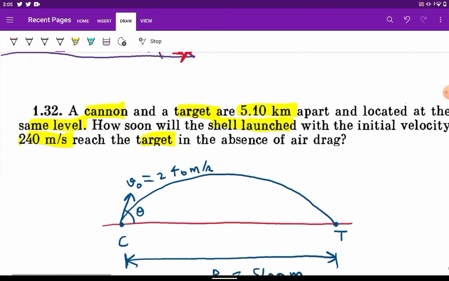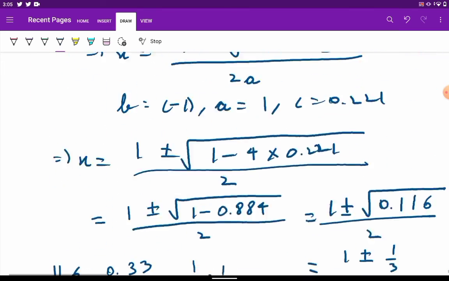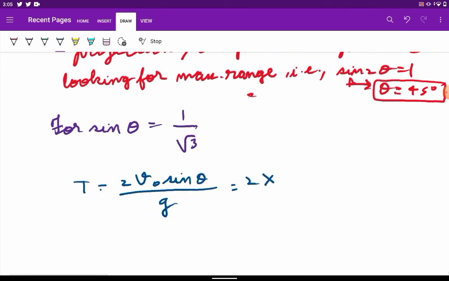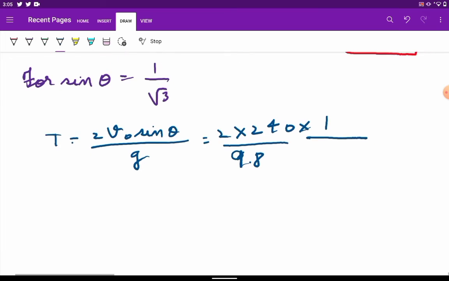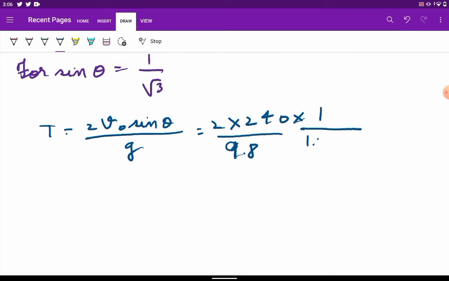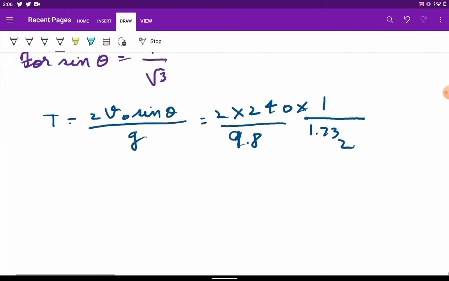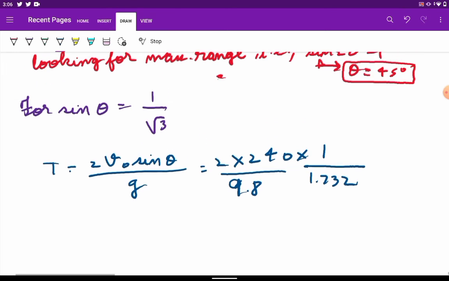So 240 sine theta is by g 9.8, right, in the denominator, and sine theta is 1 by root 3, which is, I would say, 1 by 1.732. Okay. Alright. Now this is all approximate.